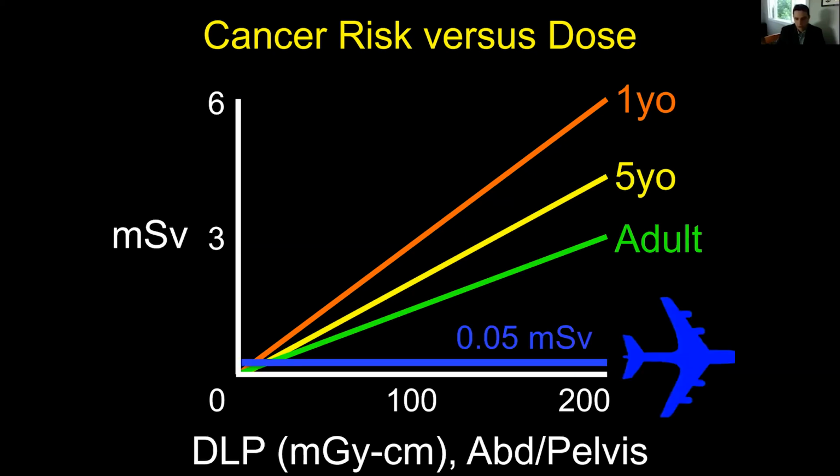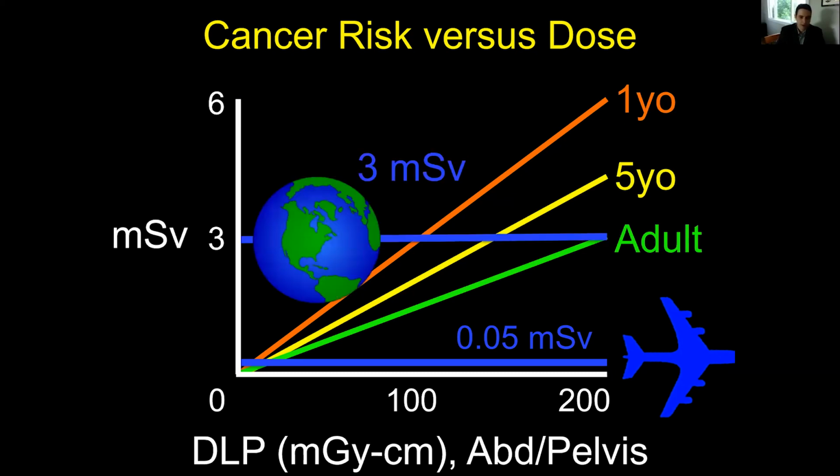To put some things into context, just flying across the Atlantic gives you a 0.05 millisieverts dose. That's pretty low. Just living your life every year with natural causes of radiation is about 3 millisieverts. Now, if you were to target arbitrarily, let's say, I just don't want my CT scan to have a dose that exceeds 3 millisieverts because it's yearly exposure.